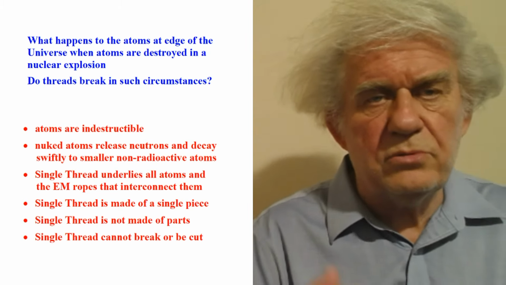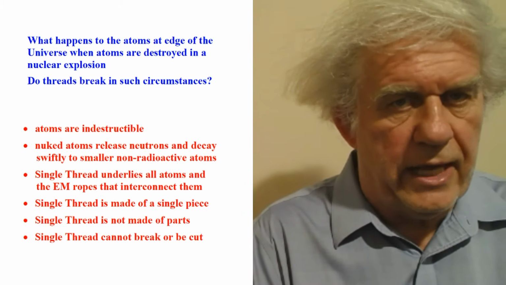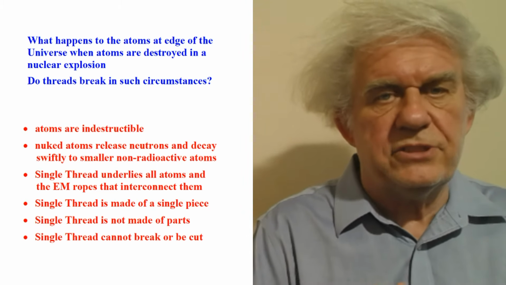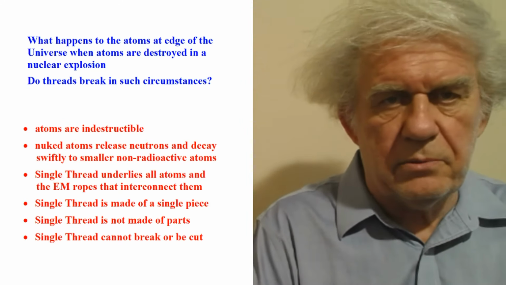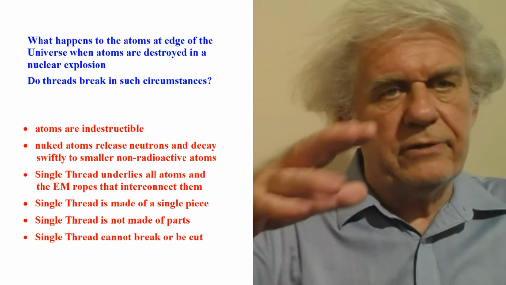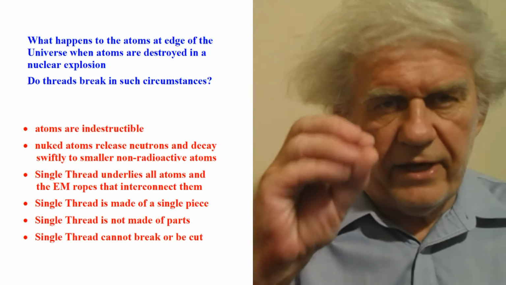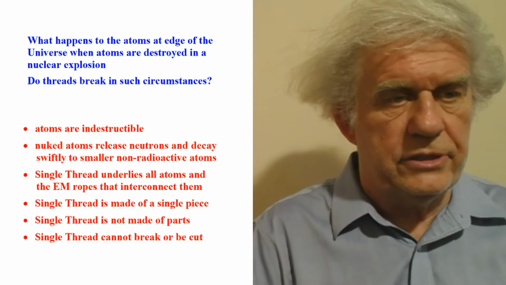There is no disintegration of the ultimate atom, which is the hydrogen atom. That's the only real atom that exists out there. All the others are composites of the hydrogen atom. More hydrogen atoms together with neutrons make up bigger atoms. That's all we have today. But if you break it all apart, you end up finally with neutrons on the one hand and hydrogen atoms on the other. That's all there is, ultimately.